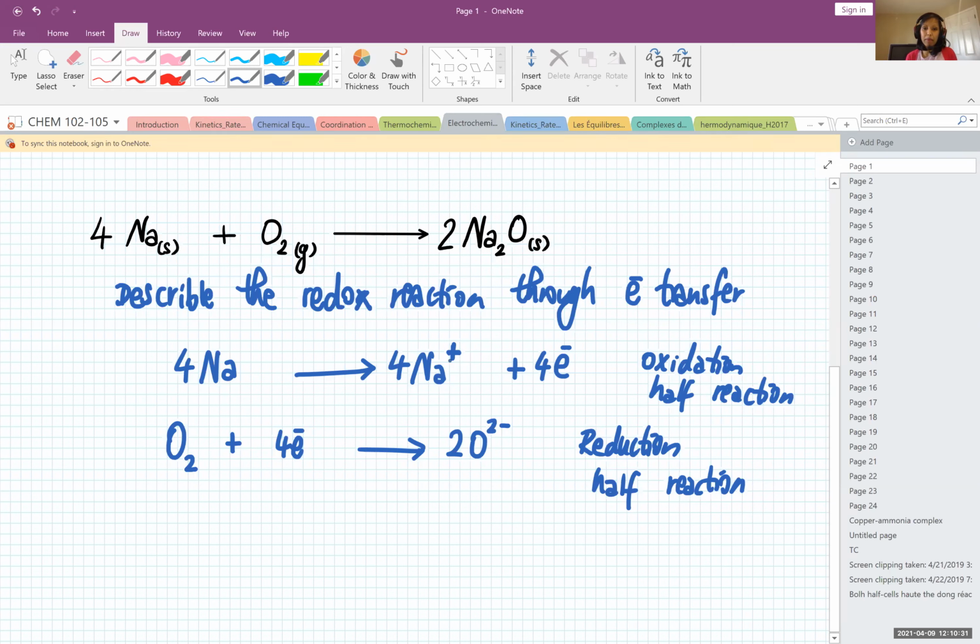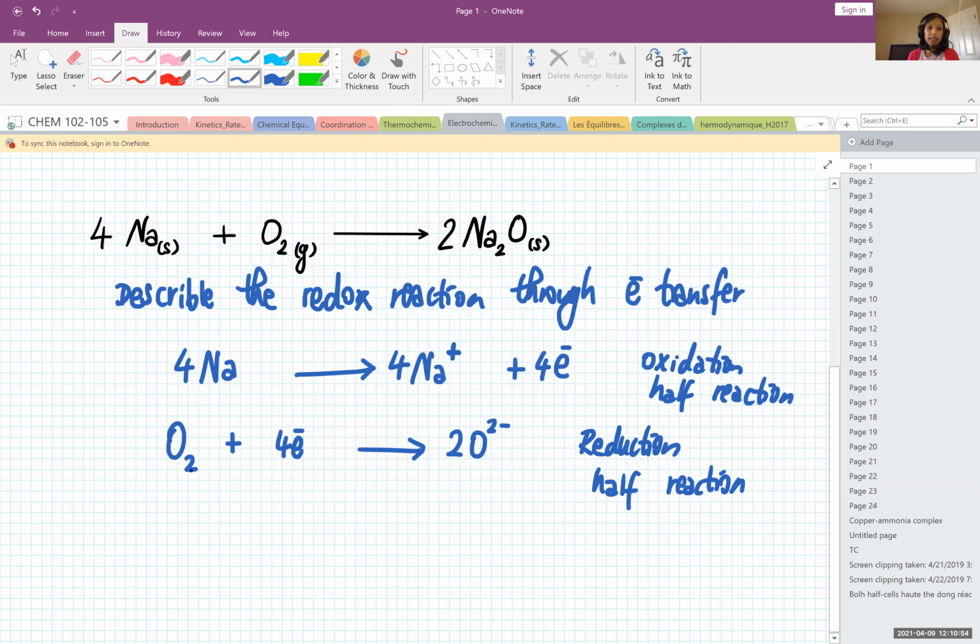So this is what is happening, right? One half reaction is generating electrons, the other one is taking the electrons. That's how we describe this reaction as being a redox reaction. And we'll see definitions on the next page. Here, sodium is the one losing electrons. The loss of electrons is oxidation.